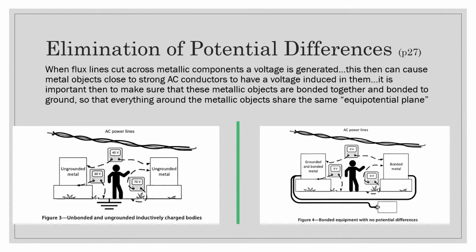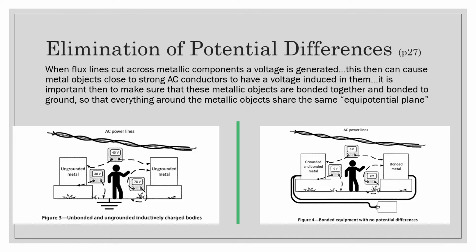So another reason that we bond is to eliminate any sort of potential difference. It gives the example in figures 3 and 4 of our modules about potential differences between metallic components that are run near AC power lines.